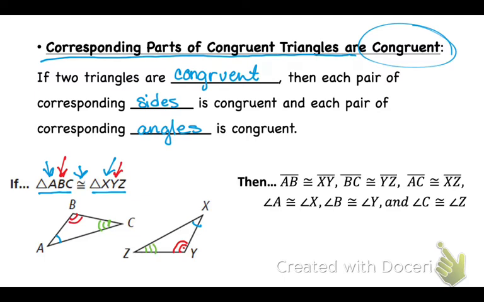Okay, now let's figure out what sides are congruent to what sides. So just make the pairs. AB is congruent to what? XY. They have to be in the same order. BC is congruent to what? YZ.